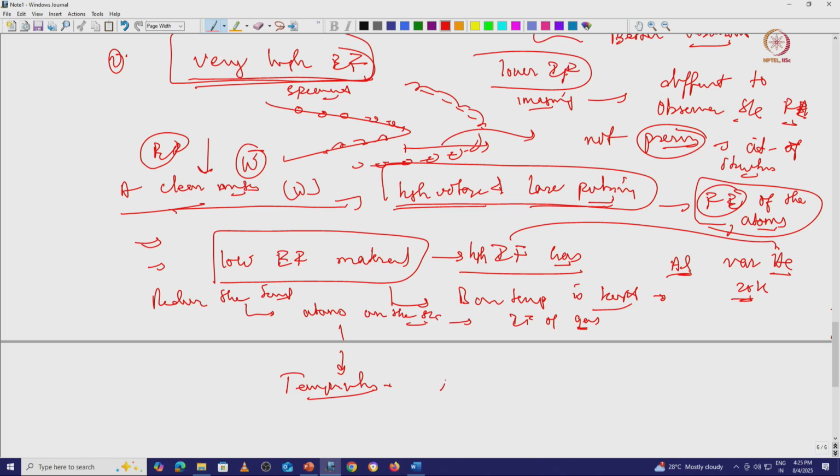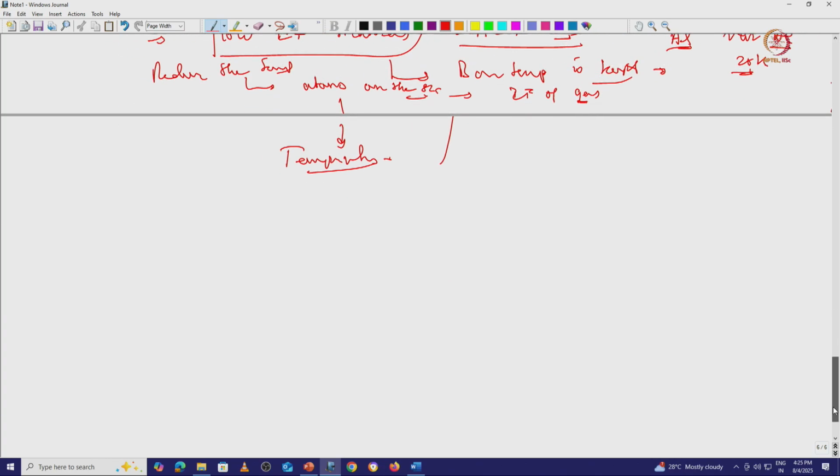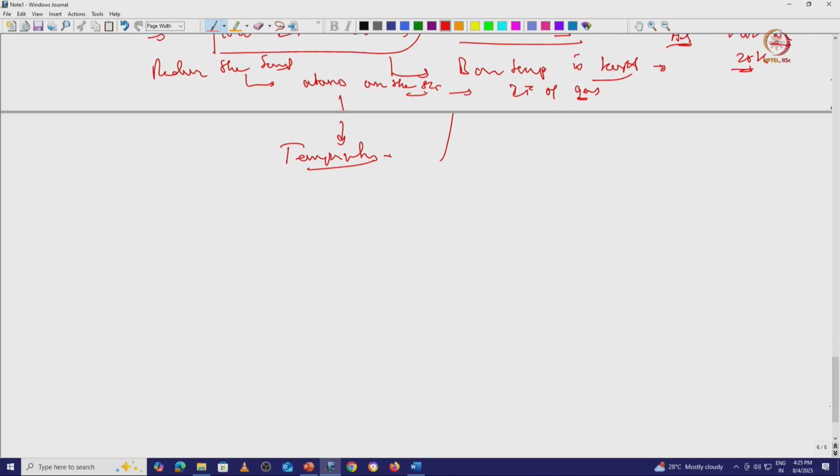Okay. So, to summarize, if the evaporation field of the specimen is larger than the ionization field of the gas, this is the optimum condition. You will have a better visualization.